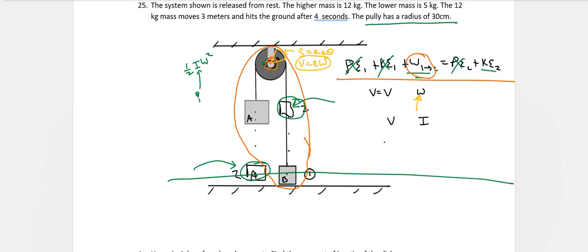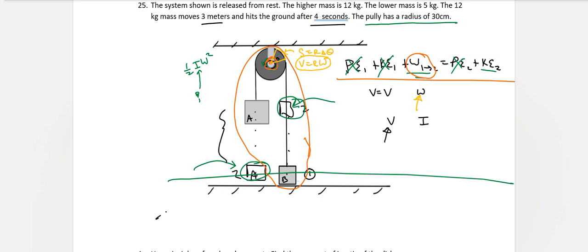Okay, now we can start talking about what do we do about that. All right, this object moved 3 meters in 4 seconds. You can take the 3 meters and divide by the 4 seconds, and that's going to give you 0.75 meters per second. But it's important to realize what you just calculated. That is the average velocity over the time interval where A moved this distance.